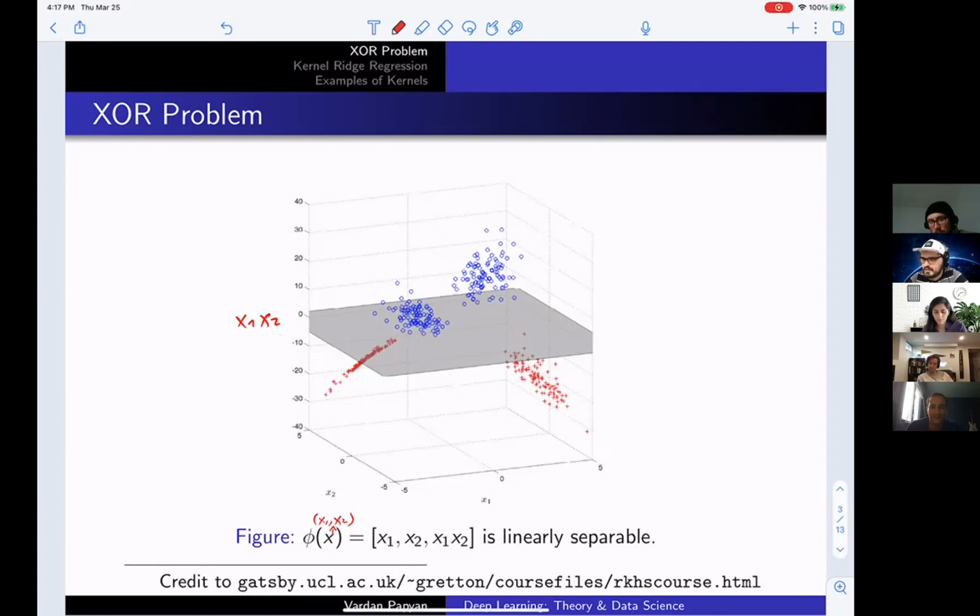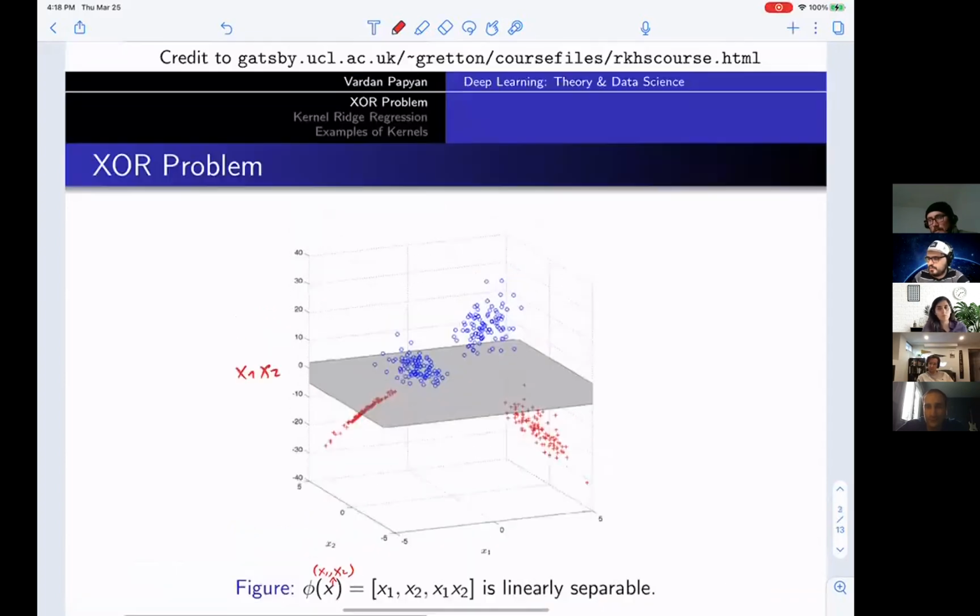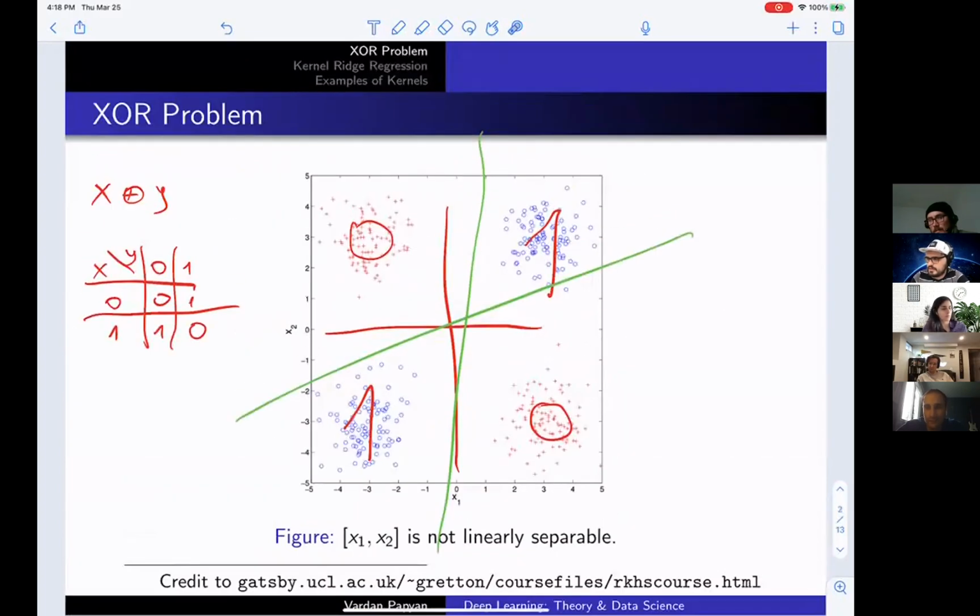This is very intuitive because in the XOR problem, what you care about is whether you're in the first quadrant or the third quadrant. If you're in the first or the third quadrant, then you're in one class. If you're in the second or fourth, you're in another class. Do you remember quadrants from school? Yeah, okay.